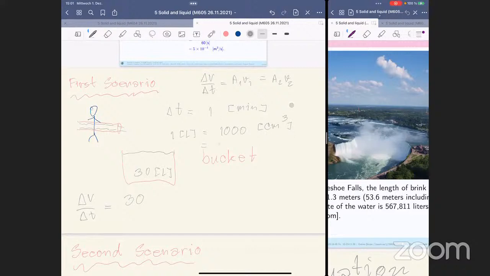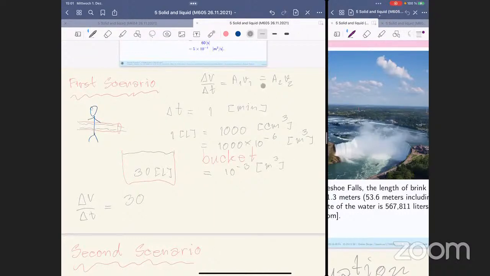That's how we change from liter to cubic meter.